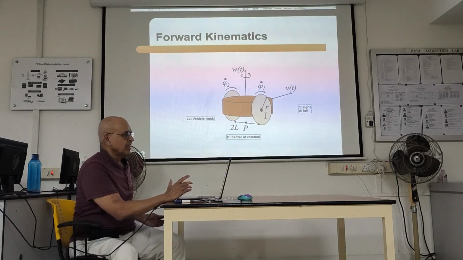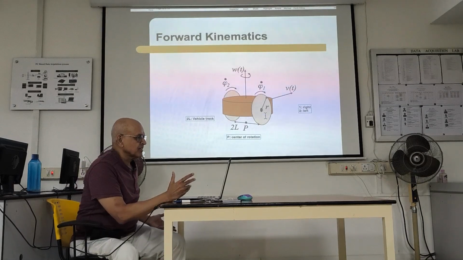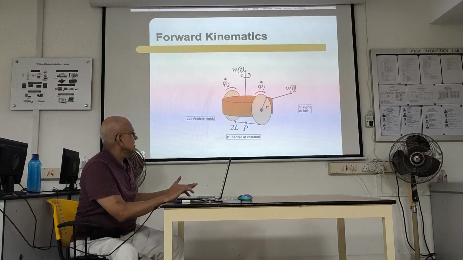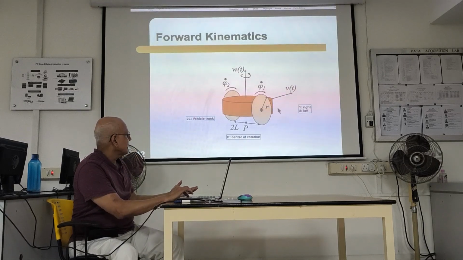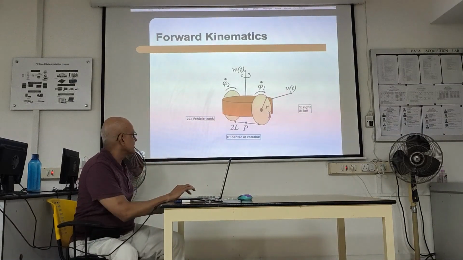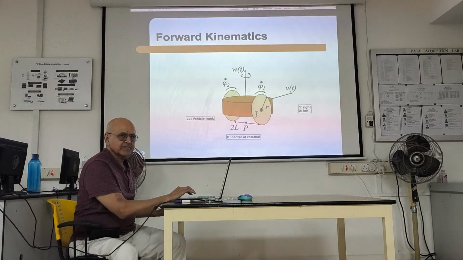So if you're not able to go any faster, you have to look at the motors. No point in looking at this, because there's no motor that is directly driving me. Motors are driving each of these 2 wheels. So if you feel my differentially steered vehicle is saturated, it can't go any faster, it's because these motors are saturated.